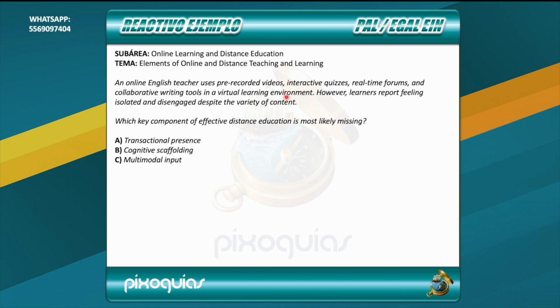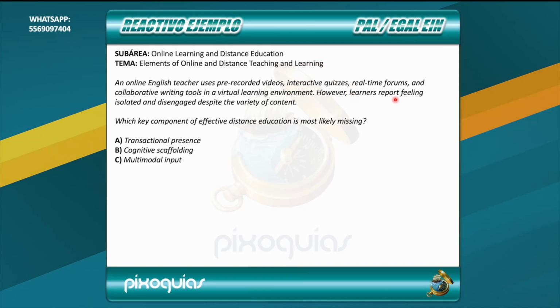Okay, let's start. This exercise is from the sub-area Online Learning and Distance Education, with the topic Elements of Online and Distance Teaching and Learning. An online English teacher uses pre-recorded videos, interactive quizzes, real-time forums, and collaborative writing tools in a virtual learning environment.